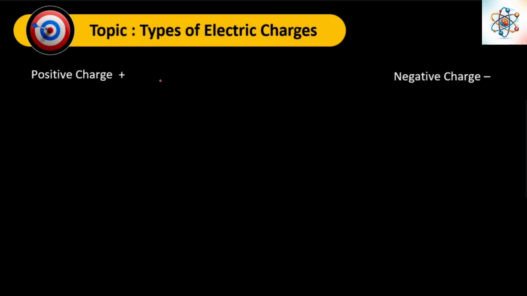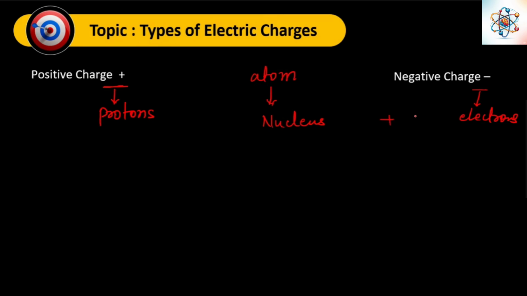There are two types of electric charge. One is positive, which is given by protons. One is negative, which is given by electrons. You must have known that an atom contains a nucleus plus electrons, and protons are there in the nucleus only.